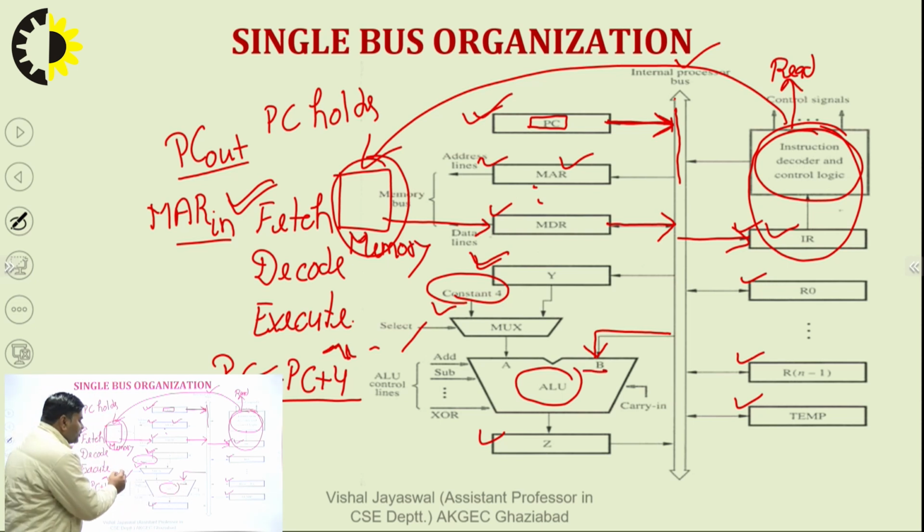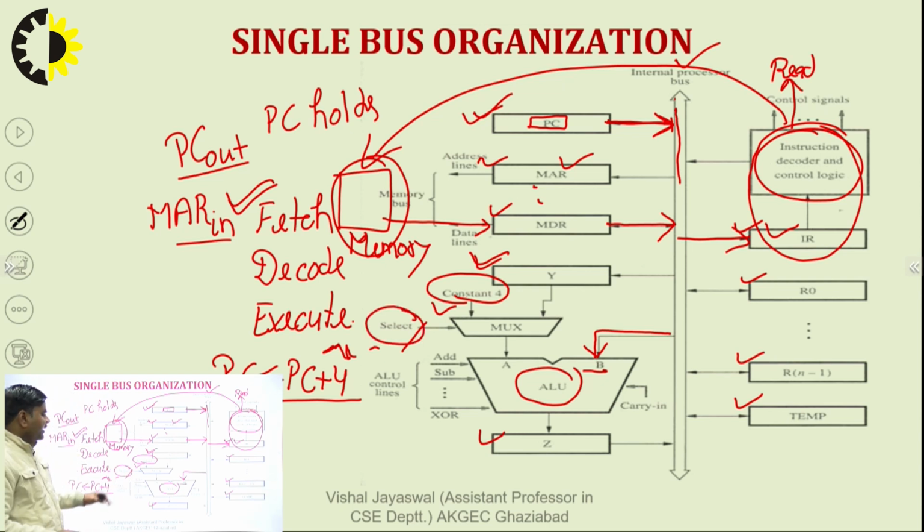Here we have to select 4 or select Y. There are 2 options, we may select 4 or select Y. In this scenario we have to add the 4 to the PC value, so we have to select 4.